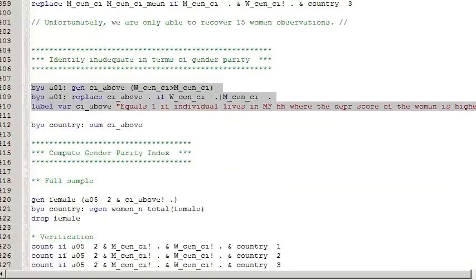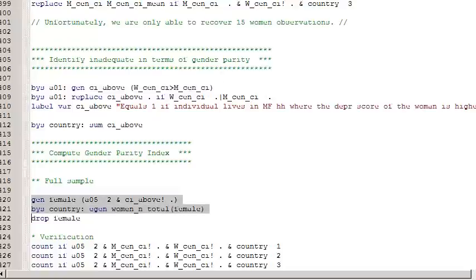That variable is CI above, which is equal to 1 if the primary woman's censored inadequacy count is higher than the inadequacy count of the primary male, which means that the woman has a higher disempowerment than the male living in the same household. Then we create a variable that identifies our sample of women, for whom we have information regarding the primary man and the primary woman in the household.